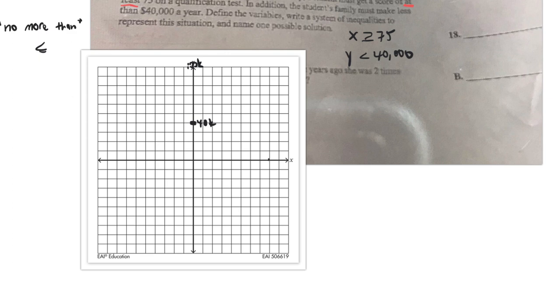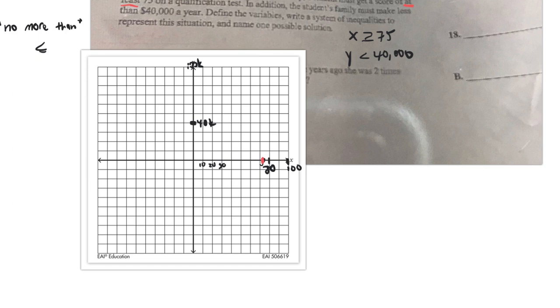We could call this 80 right here, and therefore 75 would be right there. Kind of weird, kind of annoying. We could call this 100, and it basically just goes up by 10, 10, 20, 30, and so on. So 75 would be right here.